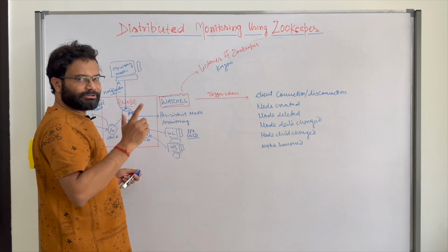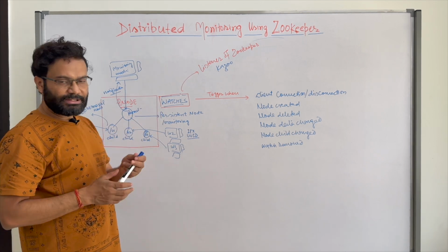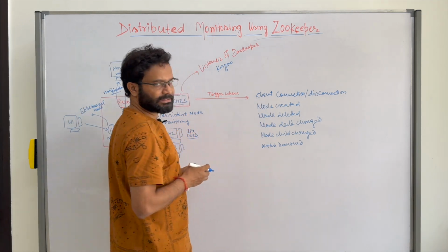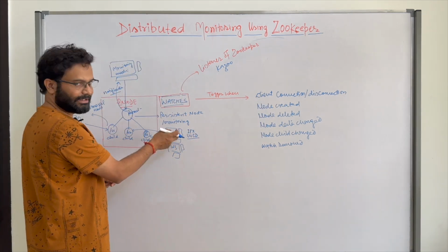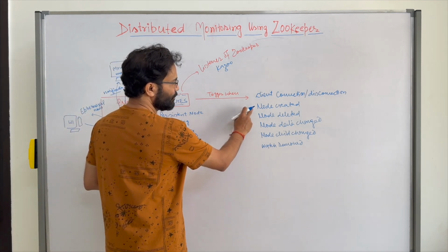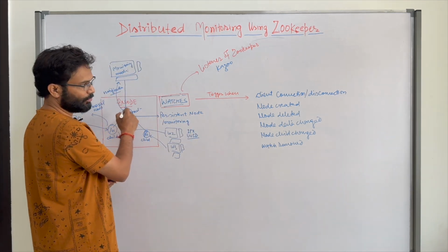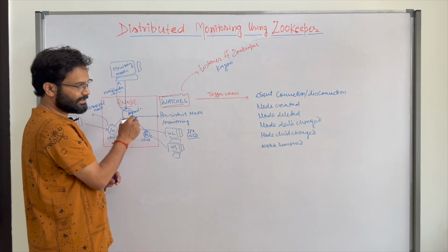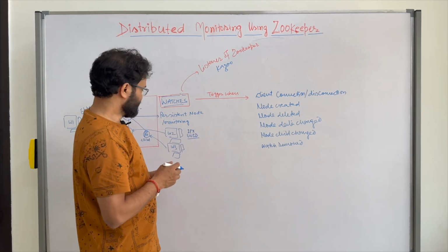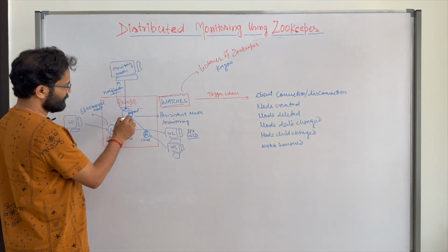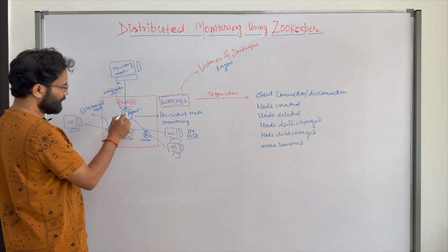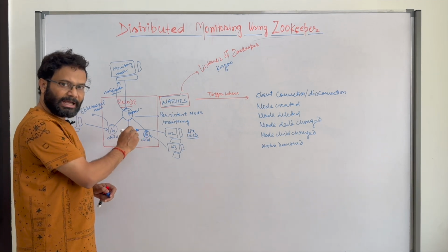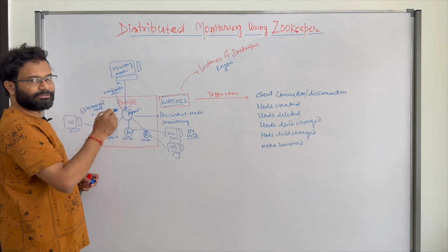When this listener triggers: whenever a client connection or disconnection happens, any node is created, any node is deleted, any node data is changed, or a child node changes, as I discussed here. So if you keep the watcher on this parent, if any activity happens in the child node, whether a child node is added or deleted, it will create the trigger.